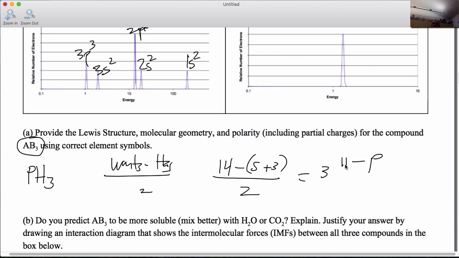So it's going to be PH3. And we know in this case that the phosphorus is pulling harder, so that's plus, plus, plus, and this is a pyramidal structure.